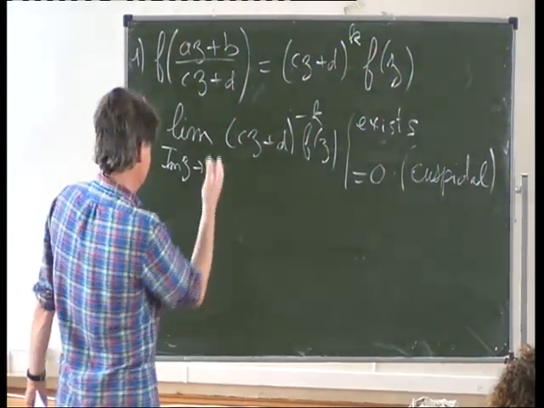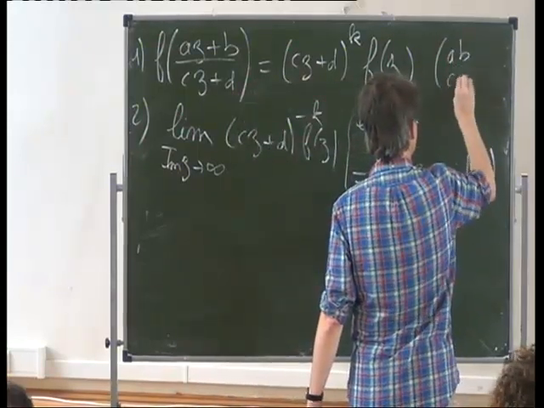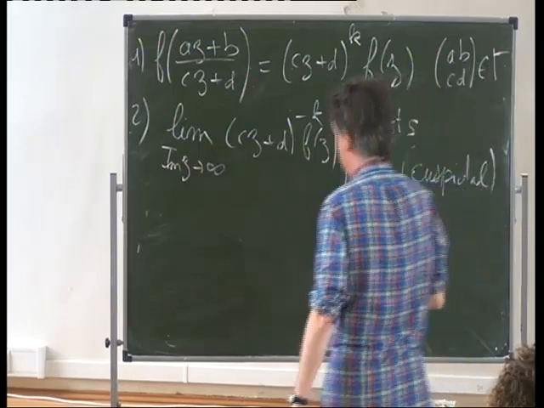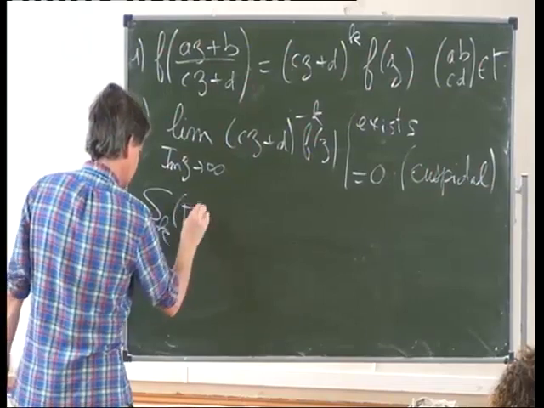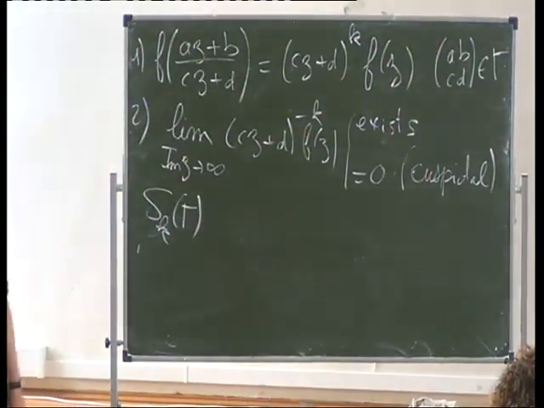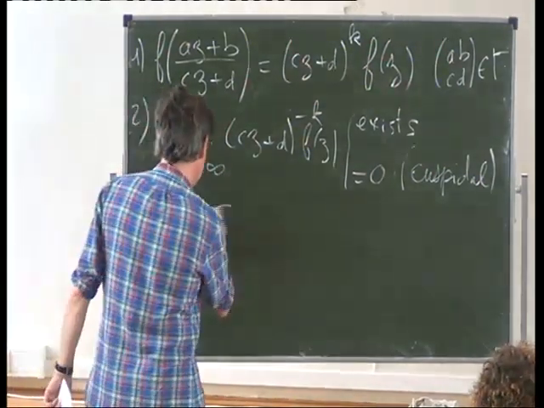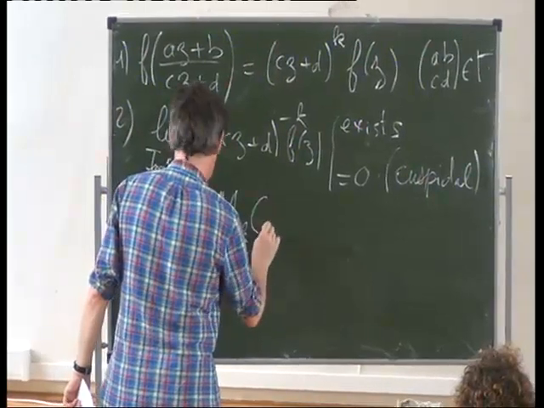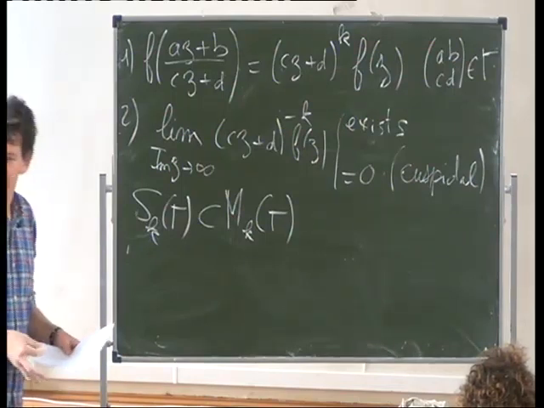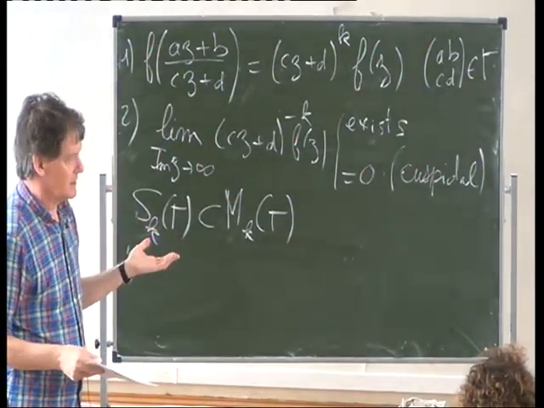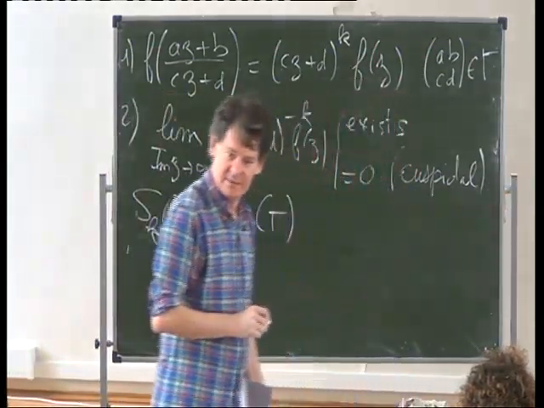So this holds for a, b, c, d belonging to gamma. I will write S_k(gamma) for the space of cuspidal or parabolic modular forms. This is a definition that works for any discrete subgroup gamma of SL2(Z).